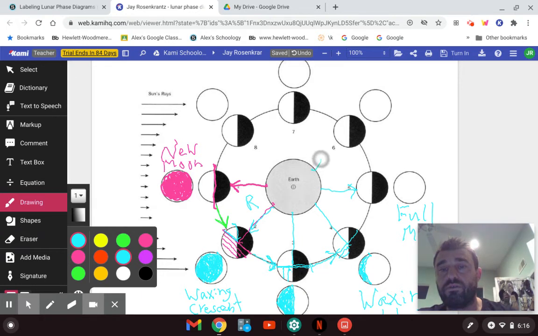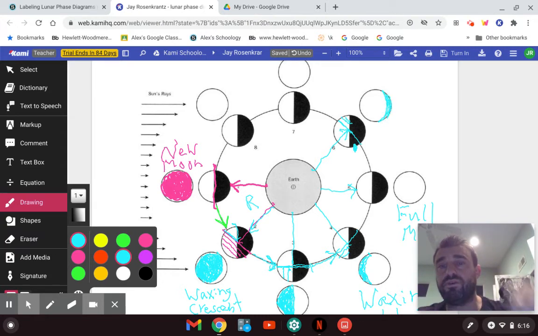So now, when the moon has moved to position 6, most of the lit half is facing the Earth, except for this little portion here. And now it's easier to see that the light is on the left, and this darkness here is on the right. So now it looks like the moon is missing a little bit on the right.